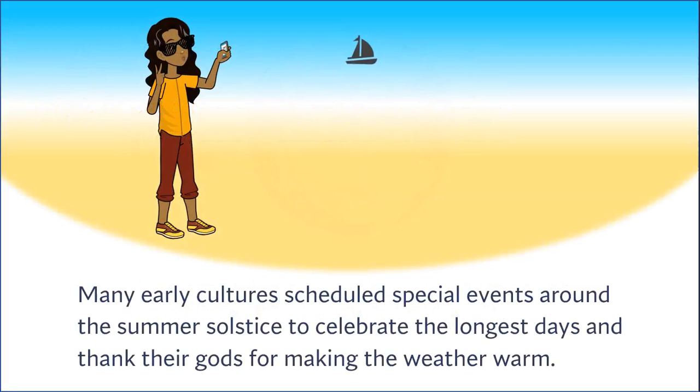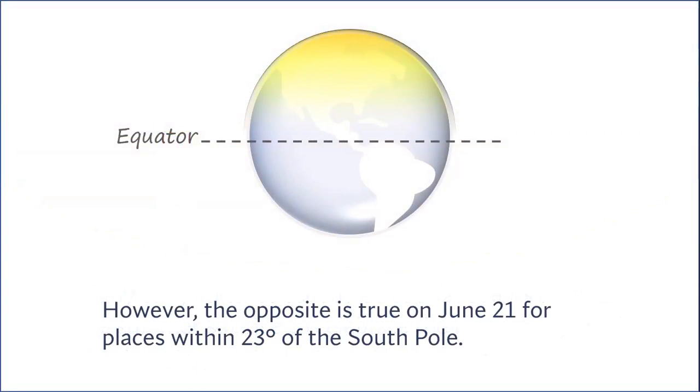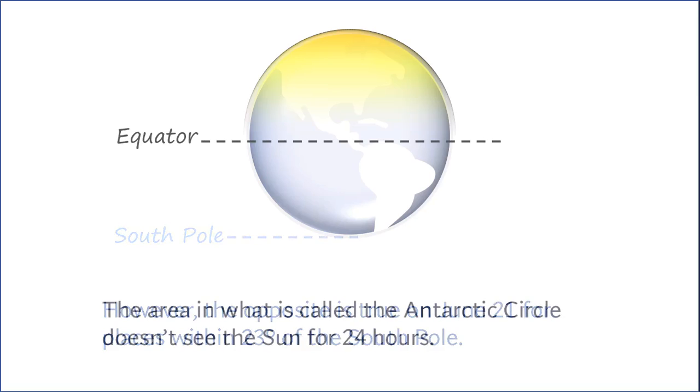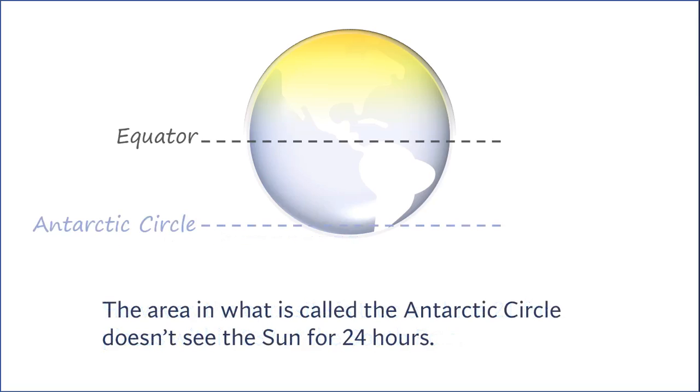Many early cultures scheduled special events around the summer solstice to celebrate the longest days and thank their gods for making the weather warm. However, the opposite is true on June 21st for places within 23 degrees of the South Pole. The area in what is called the Antarctic Circle doesn't see the Sun for 24 hours.